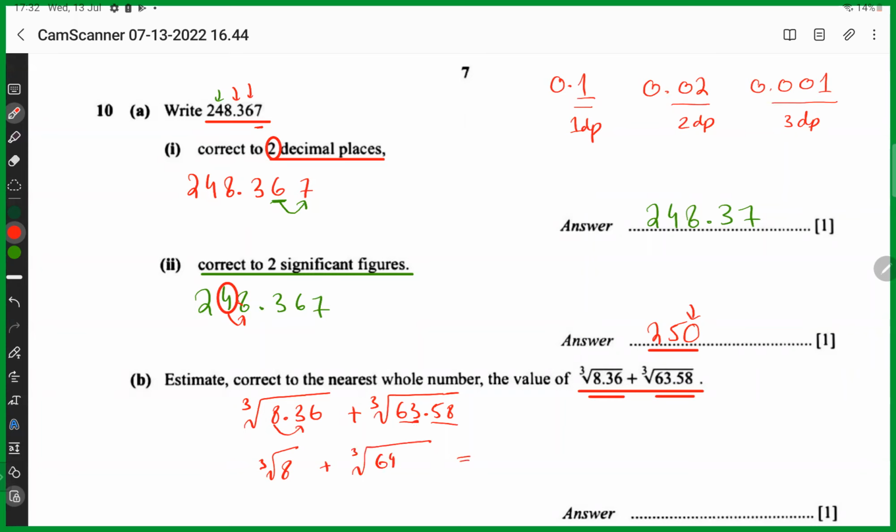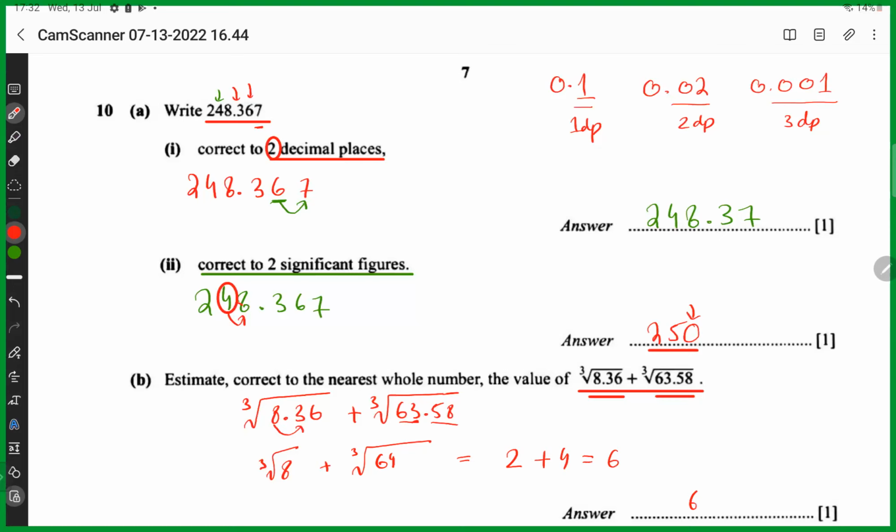Okay, now we know that the cube root of 8 is 2. And what is the cube root of 64? It's 4, right? 4 multiplied by 4 multiplied by 4 gives you 64. So I know that cube root of 64 would be 4. And this is going to give you 6. So 6 would be the answer.